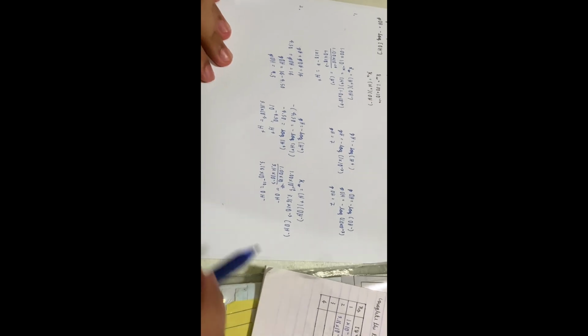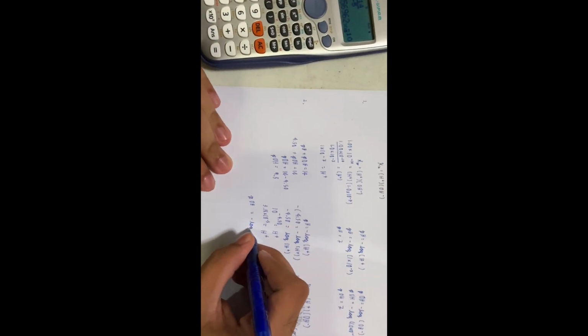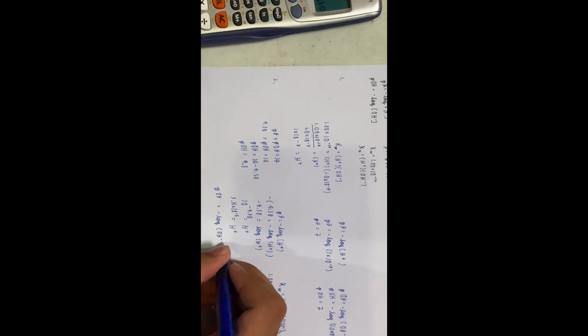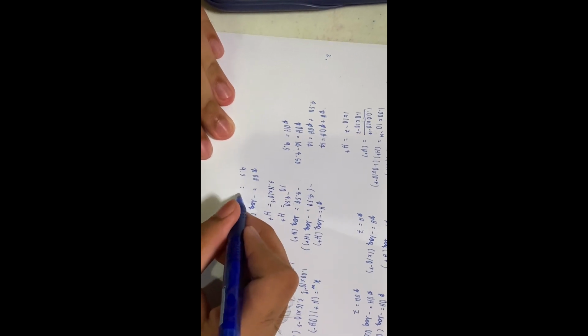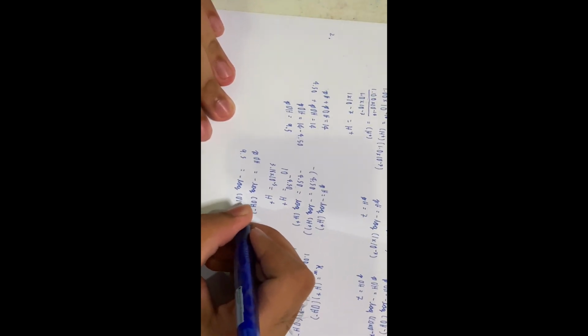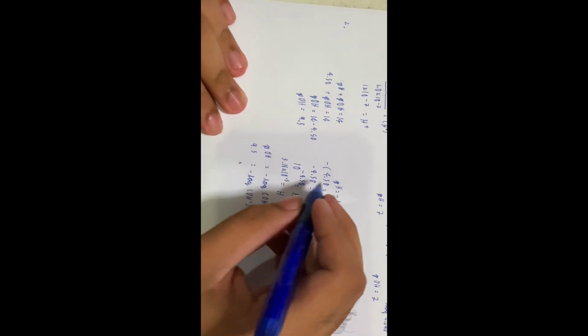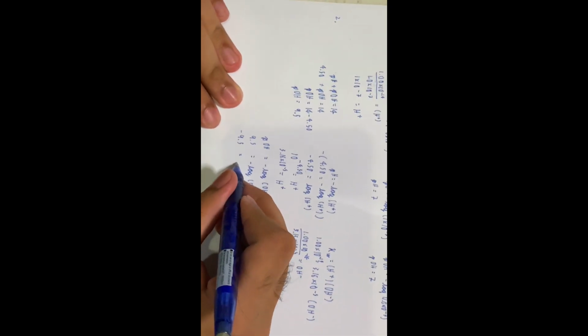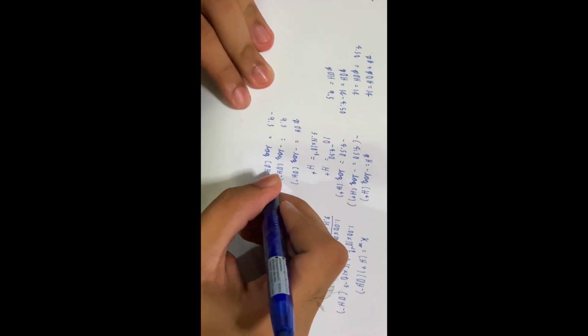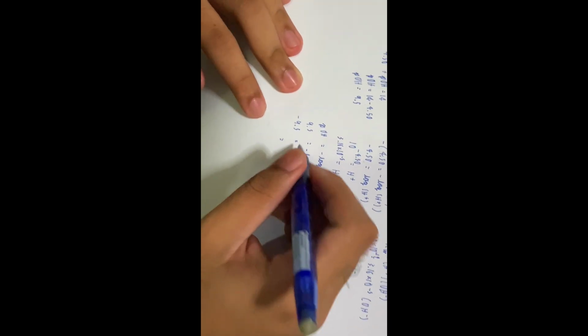A bonus tip: we can actually find the value of hydroxide using the power of hydroxide. POH is equal to minus log of OH. Just like before, we will input the power of OH, and we will get rid of the negative sign so that it becomes negative 9.5 equals log of OH.